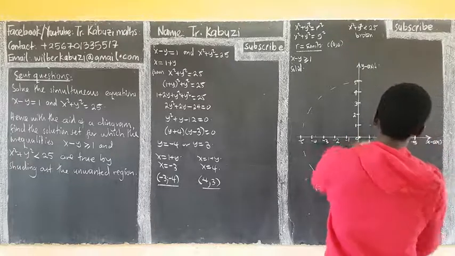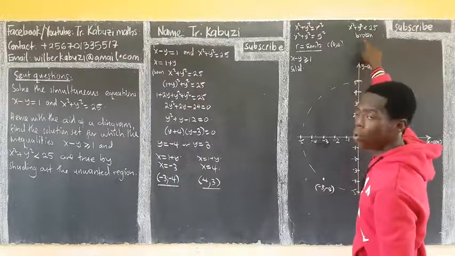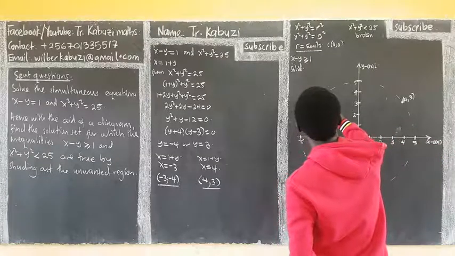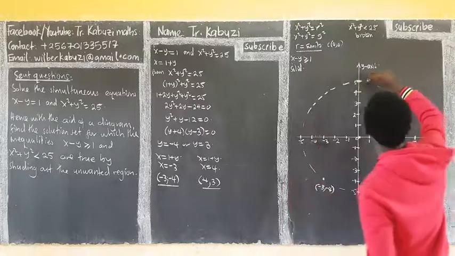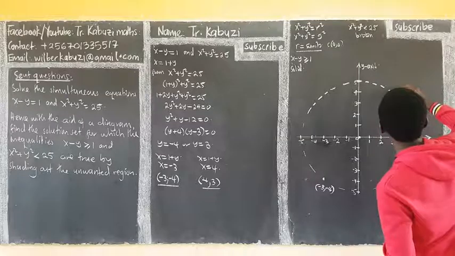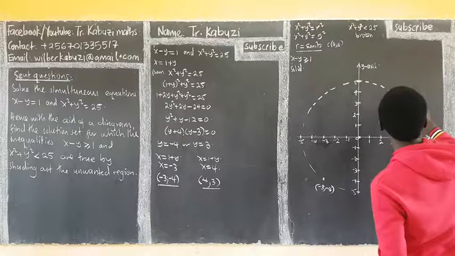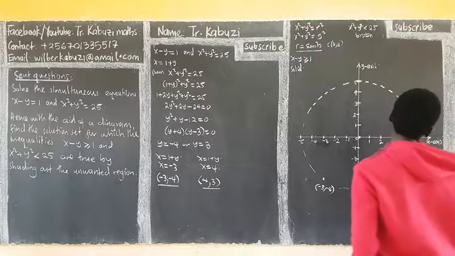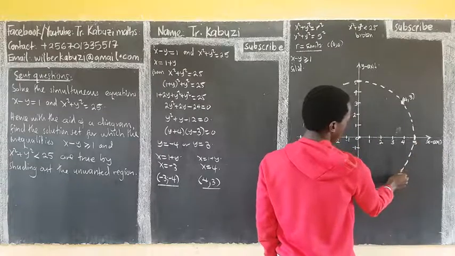Why am I using dotted lines this time? Because I'm now drawing a circle with a strict inequality. So I can come and make them a bit thicker. It passes through this point, passes there, and also comes this side like that.